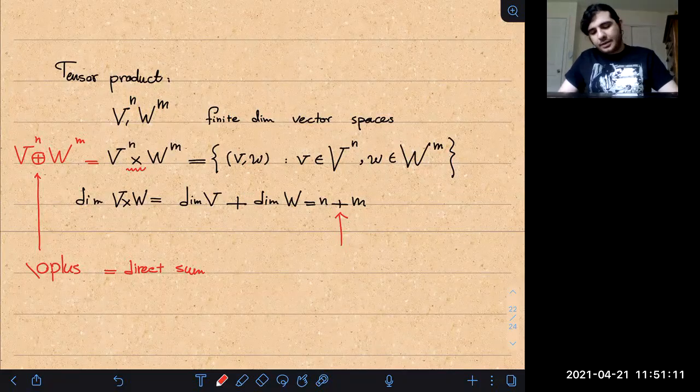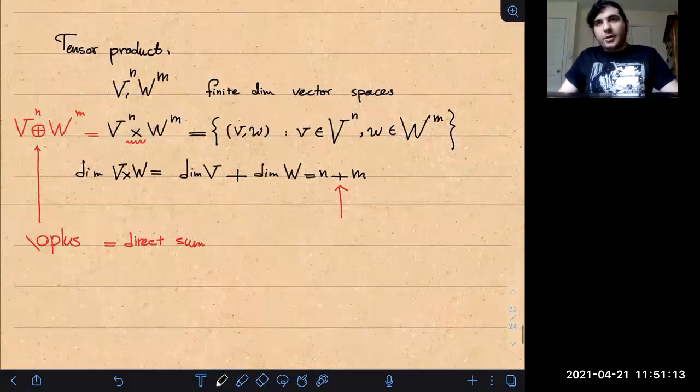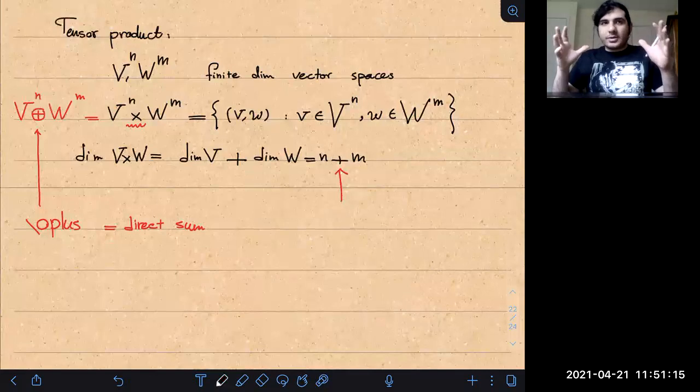Great. Okay. Now, as you might know, there is another notion which is more similar to product, and that's called tensor product.